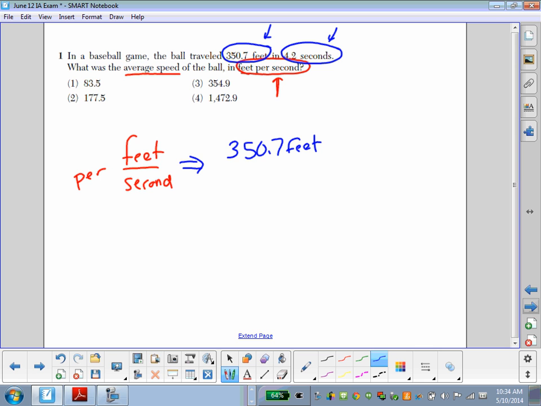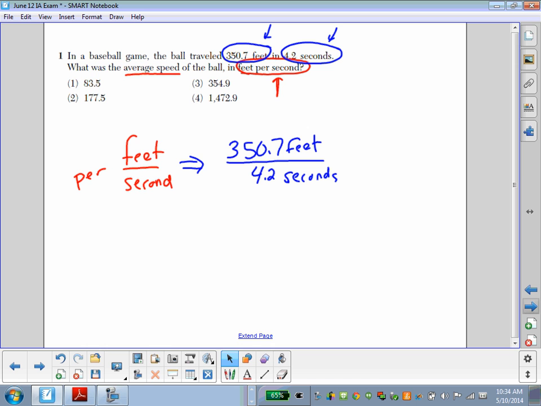I know that we travel that amount of distance in 4.2 seconds. It's very important that my units match on the top and match on the bottom. So I have feet on the top, seconds on the bottom.